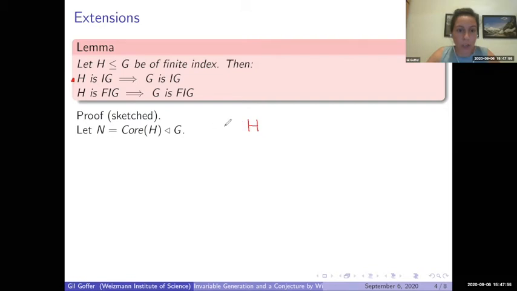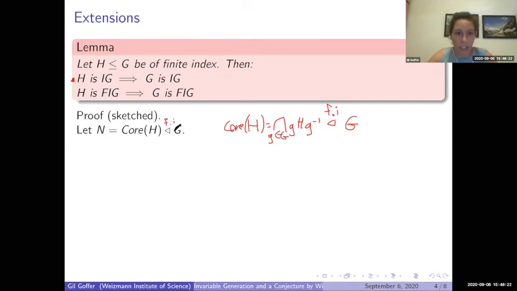The normal core of H is just the intersection of all of its conjugates, and this will already be normal inside G. And if H to begin with was finite index, then this is a finite intersection of finite index subgroups. So in our case, this normal core N is a finite index normal subgroup.